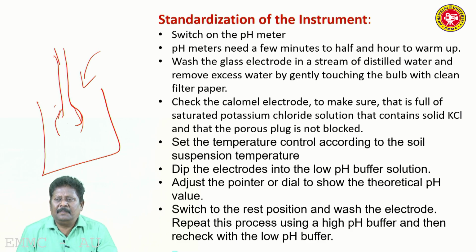Then repeat the process with the high pH buffer. Put in the high pH buffer, adjust the reading, then bring to the normal position. Recheck again by feeding 4, the instrument should read 4. By feeding the 9.2 buffer, the instrument should read 9.2. When it is okay, the instrument is standardized.